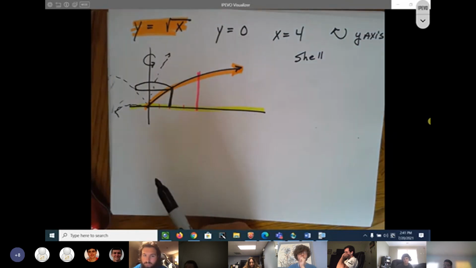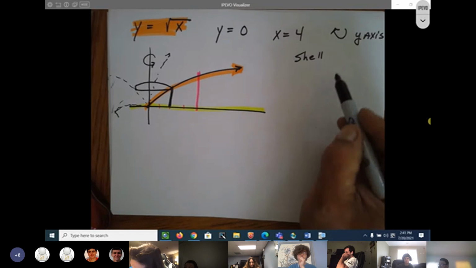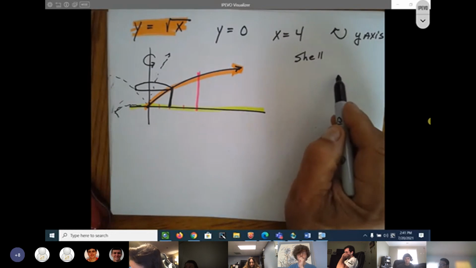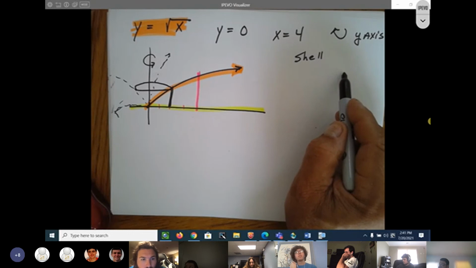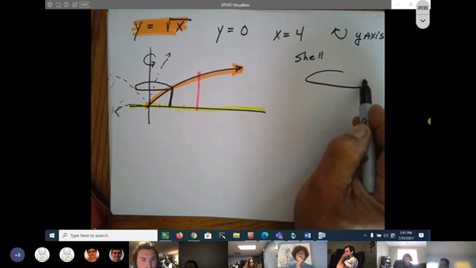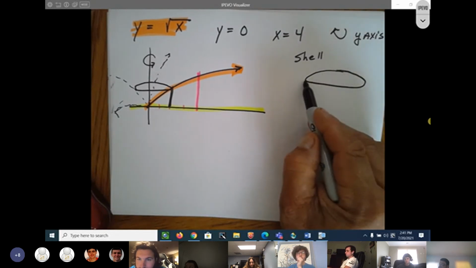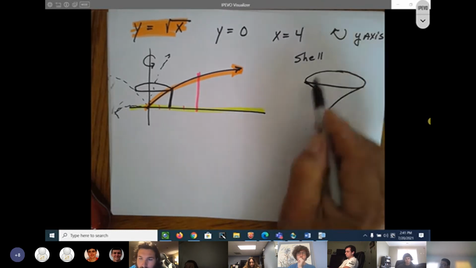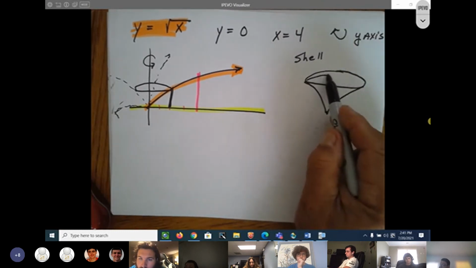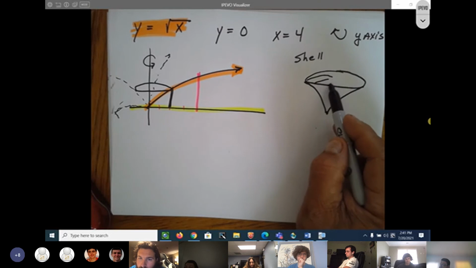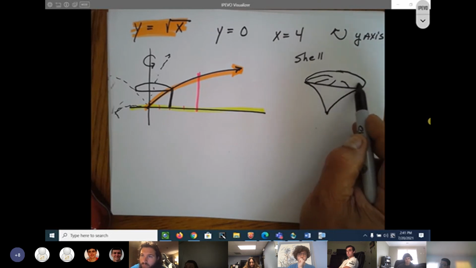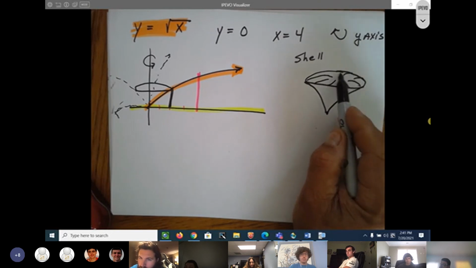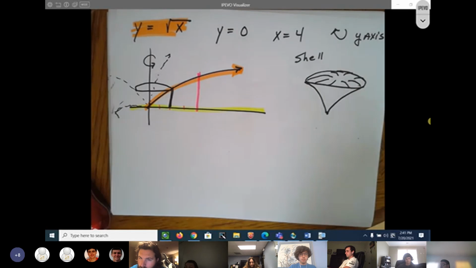Which looks kind of like the cone where y'all said you put a penny in, it goes round and round, it's kind of raised up a little bit.